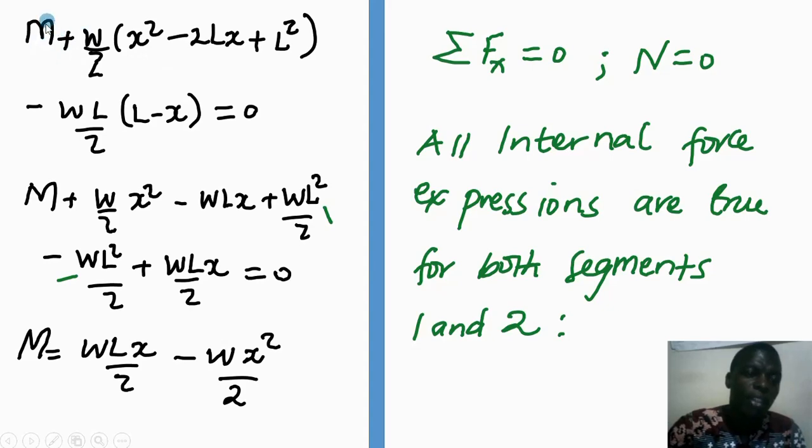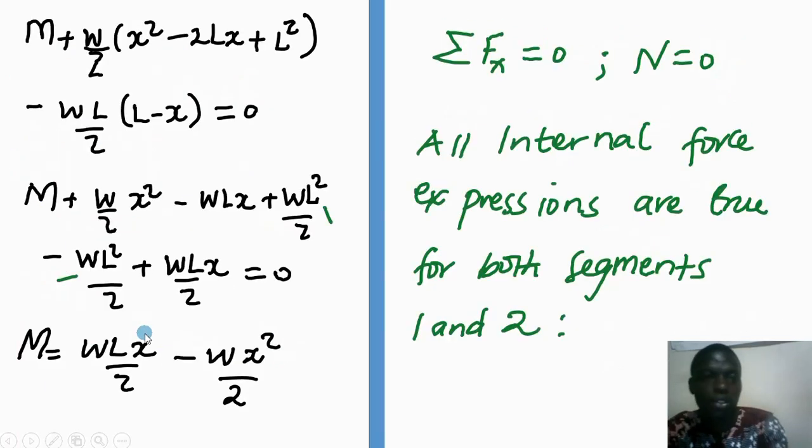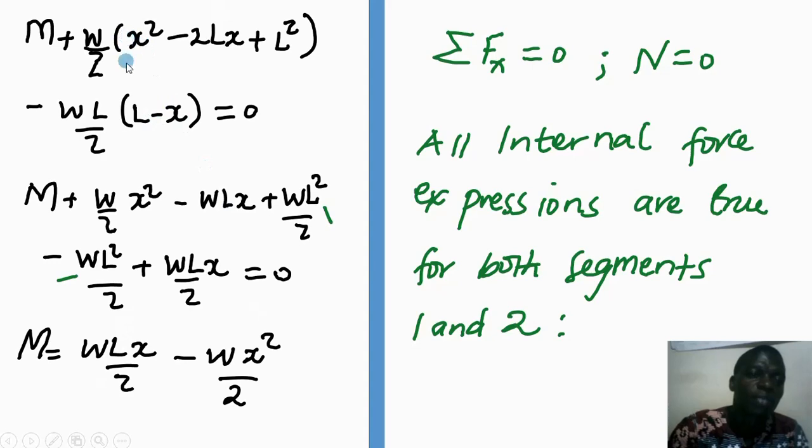And since M is in the clockwise direction, then we will also have another clockwise moment, which will be W times L minus X, times L minus X out of 2, and this will be in a clockwise direction also. So that's why we are having this expression. It is W out of 2 into L minus X times L minus X.